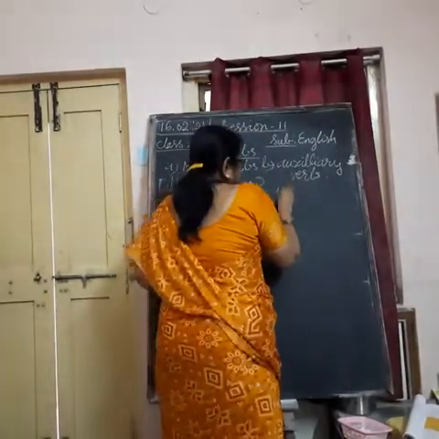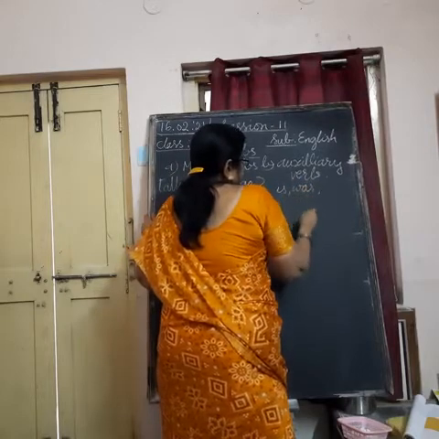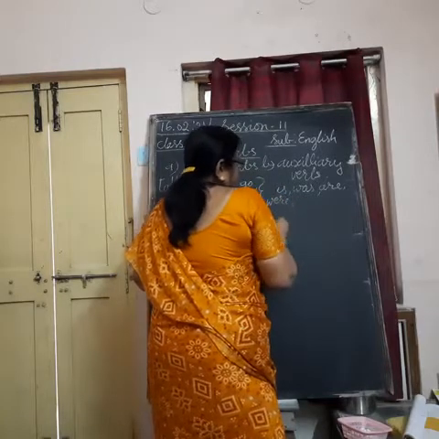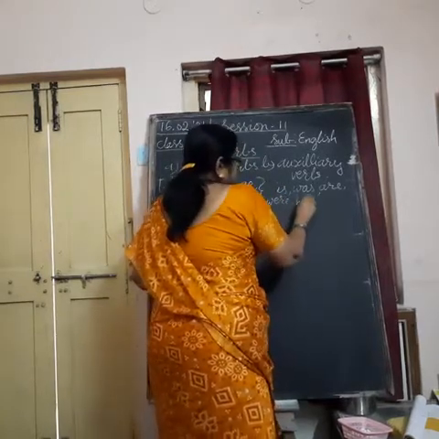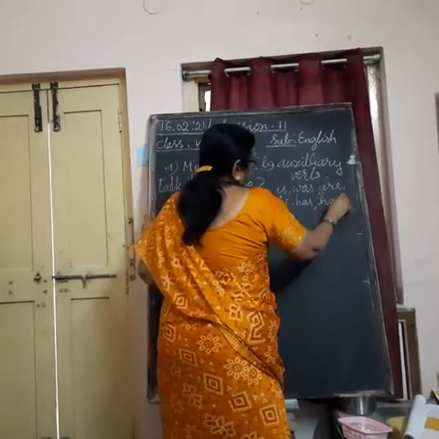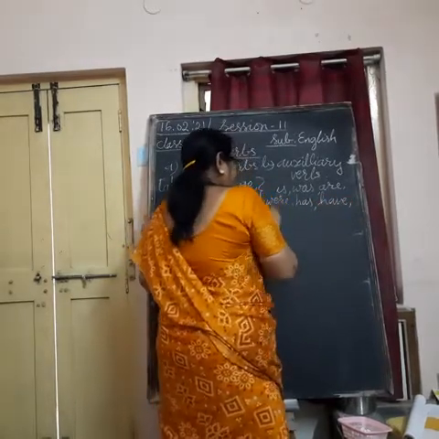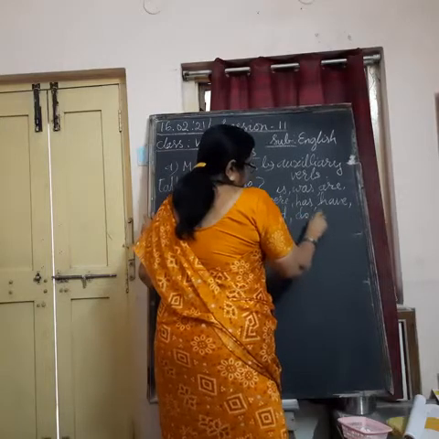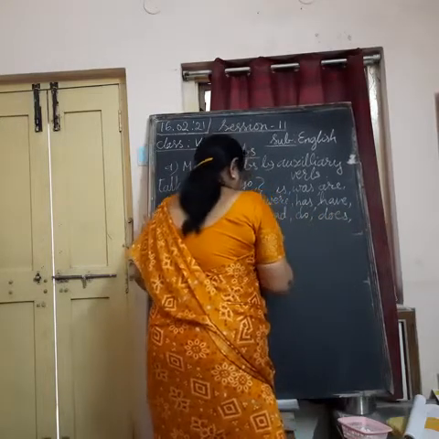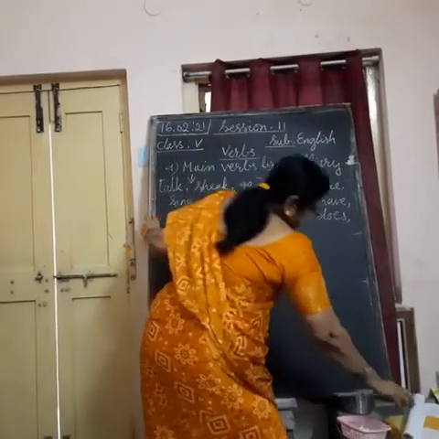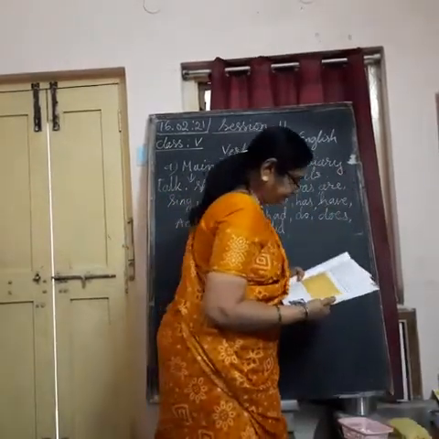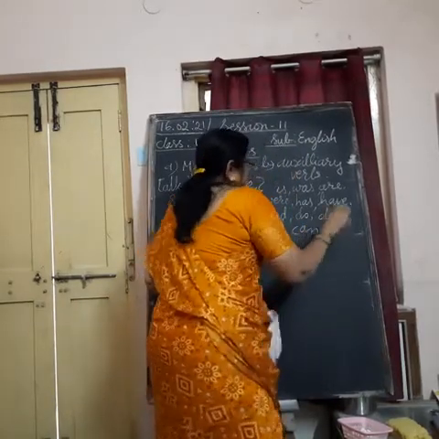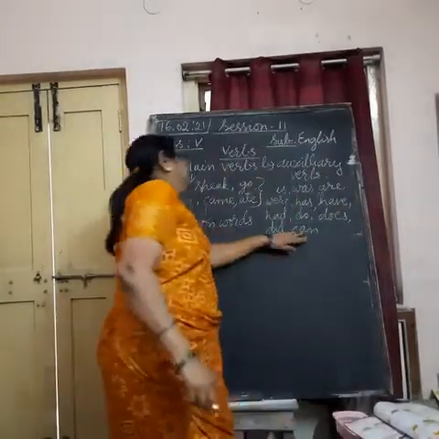So, is, was, are, were, understand, has, have, had, do family verbs: do, does, did, understand, etc. Can, etc. These are auxiliary verbs.